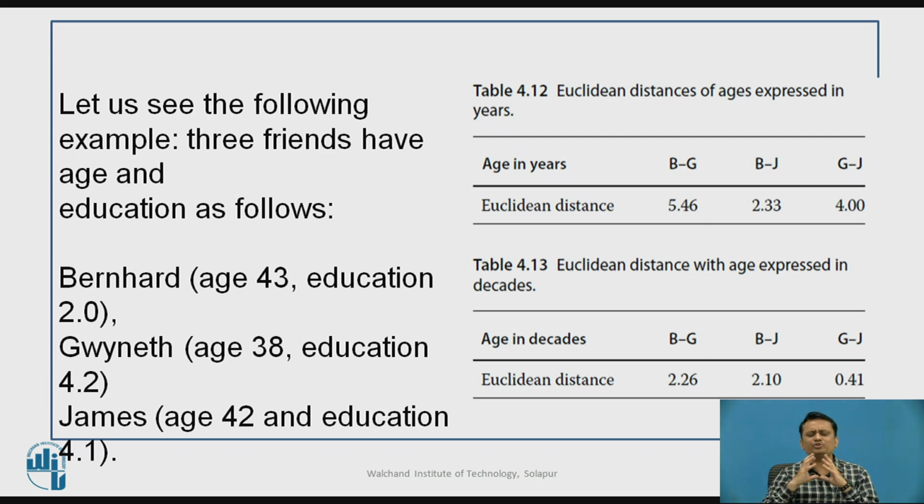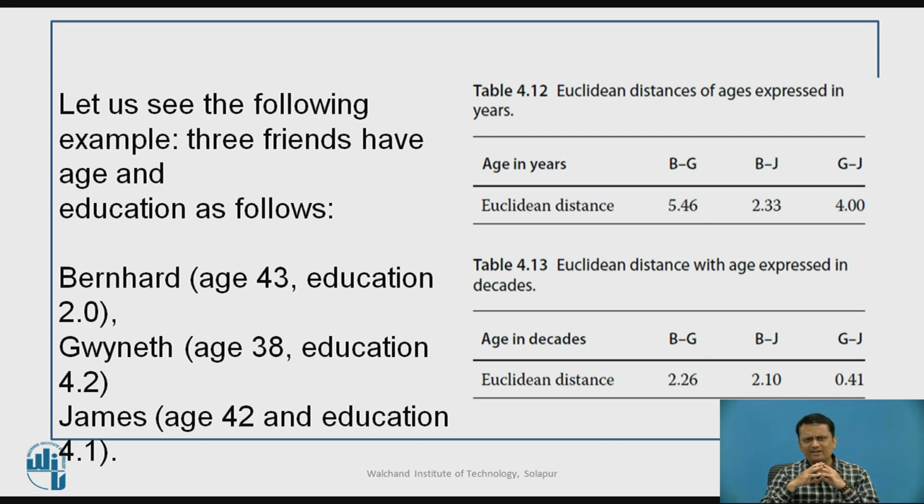Now we have two quantitative attributes: one is the age of the friend and second is the education level of the friend. Education may be 10th, HSC, SSC, graduation, post graduation, doctoral levels, and those are converted into quantitative values and numbered.